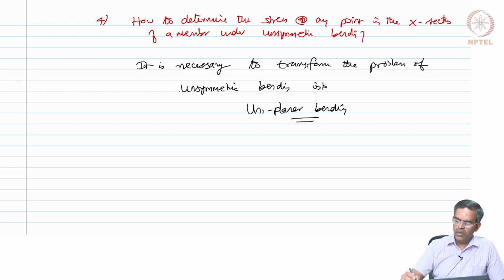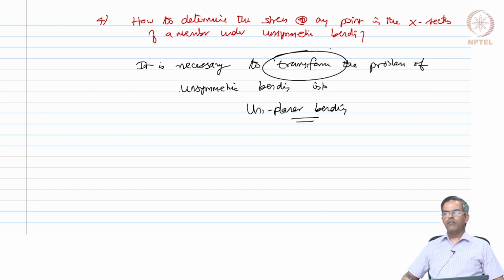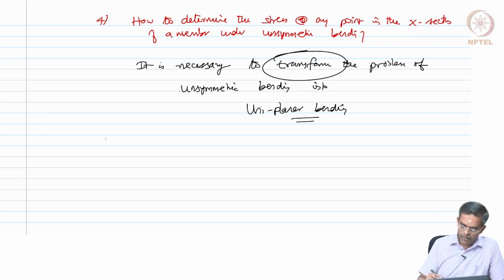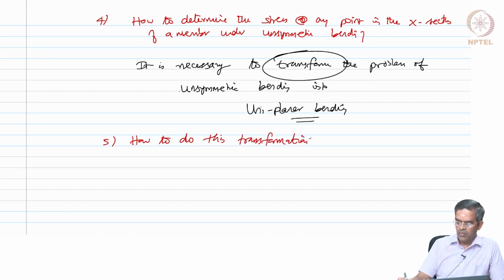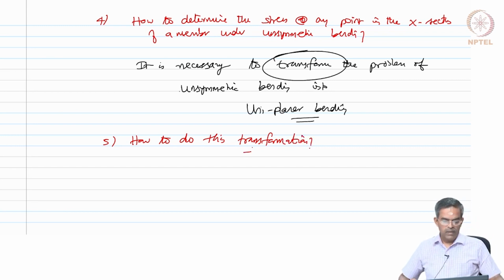So, we need to do a transformation of the problem. Now, the question comes, how will you transform the problem into uniplanar bending? Okay, that is an interesting question because we need to find the stresses in the cross sections. Let us look into that.